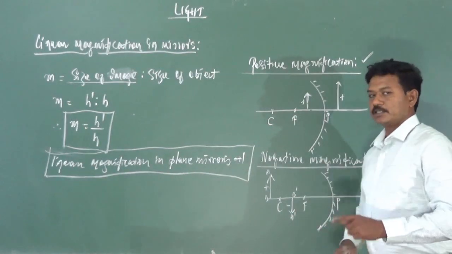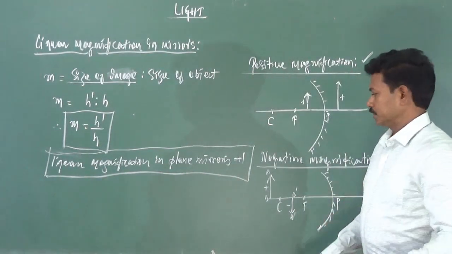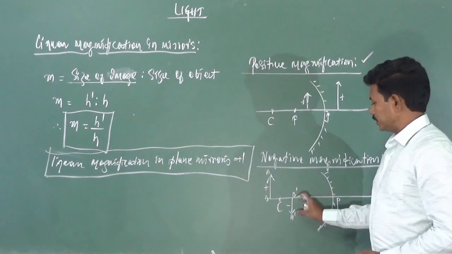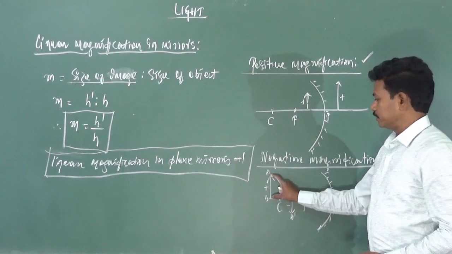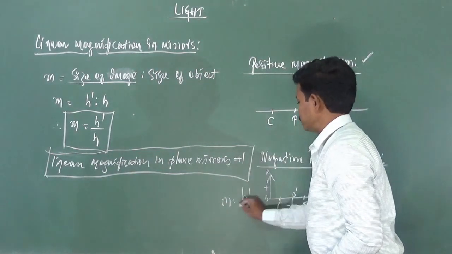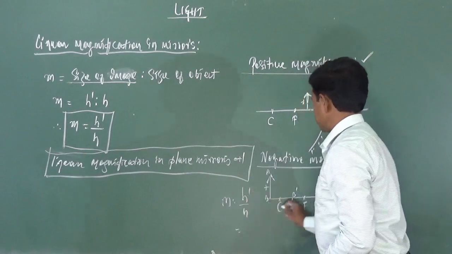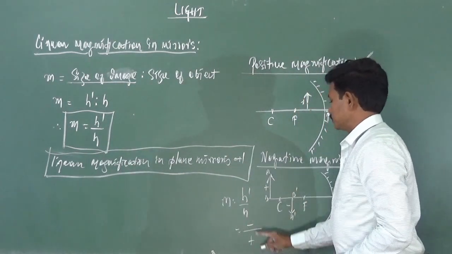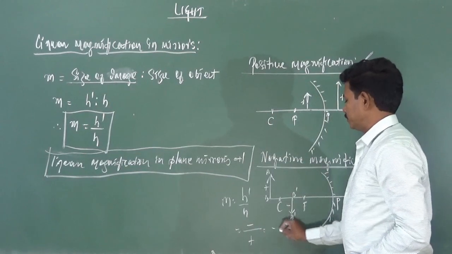Magnification is nothing but the ratio between the height of the image to the height of the object. So the height of the image is negative here and the height of the object is positive here. So m is equal to h dash by h. Here h dash is negative and h is positive. So a negative value divided by a positive value will be a negative value.